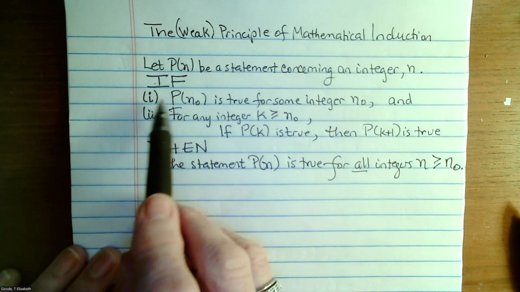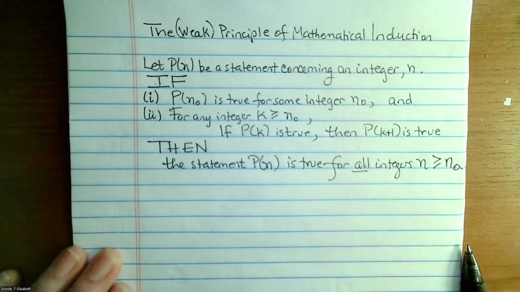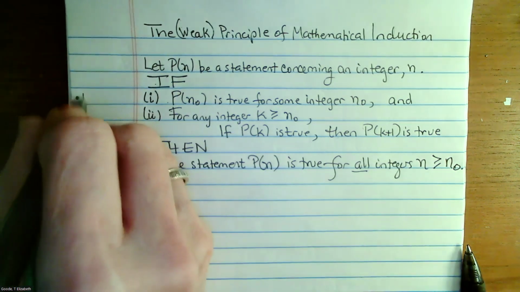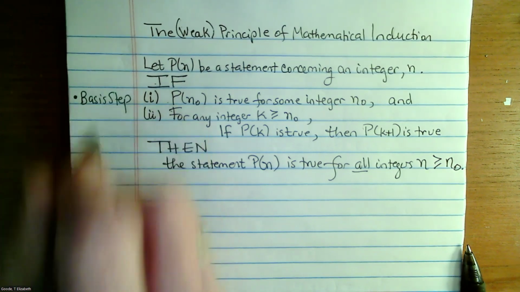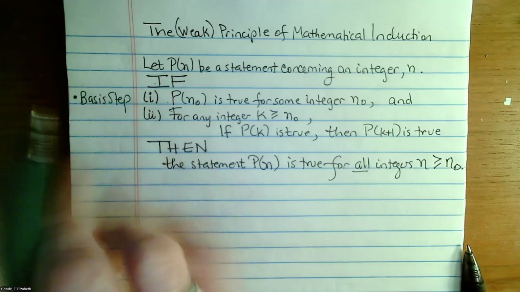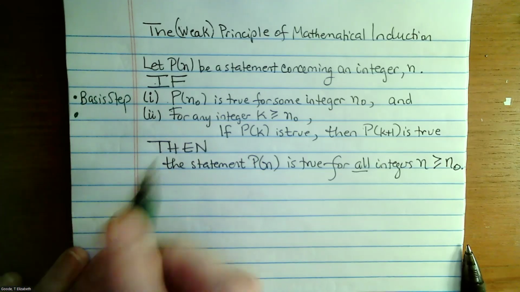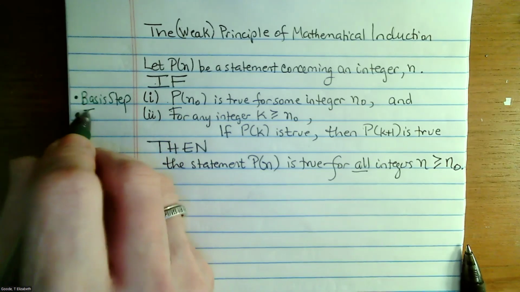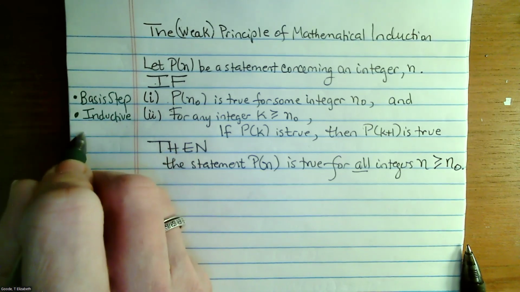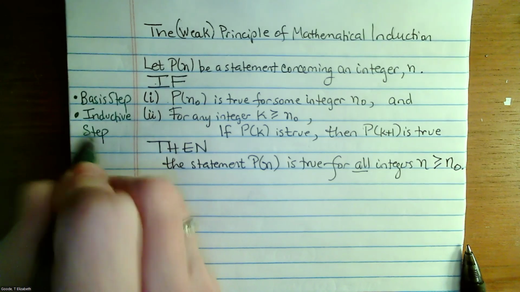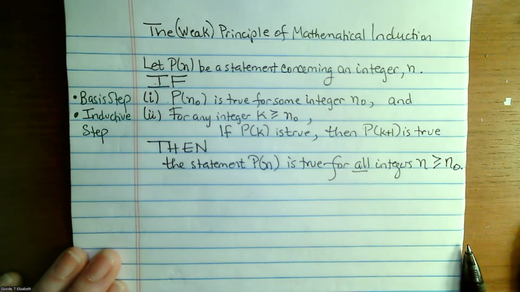So if we can show both, this is called the basis step, showing P of n naught is true. If we can show that the statement is true at some lowest level, and if we can prove the inductive step, and that inductive step is proving an if-then. We have to prove this if-then.